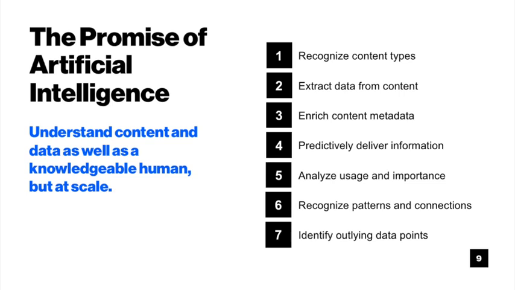So really looking towards artificial intelligence and machine learning as a way to help us do a lot of the things that we do intuitively, but do it in a way that is consistent, fast, and at scale.